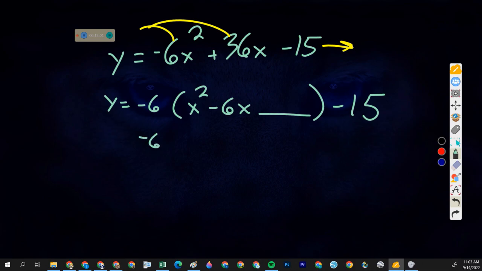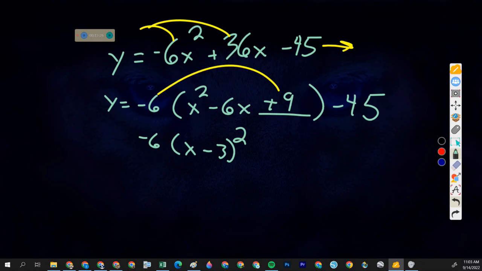Okay. Good there? So I put a plus 9 in there, but it's not really a 9. I'm going to change that to a 45. So that 9 actually is a negative 54. So to undo that, I need to add 54, and I get a plus 9. We good? Okay.